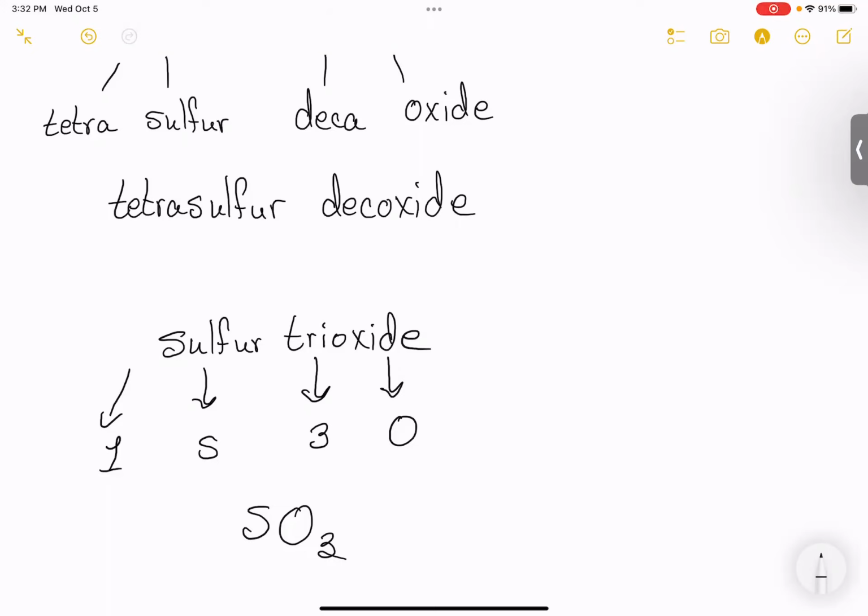What I've been teaching you is referred to as the IUPAC system. The IUPAC system was developed so no matter what country you're from, no matter what region you're from, no matter what school you went to, you could tell me the name of a chemical and I could understand it based on the IUPAC system. We don't do that with water because water has been water since the dawn of time.